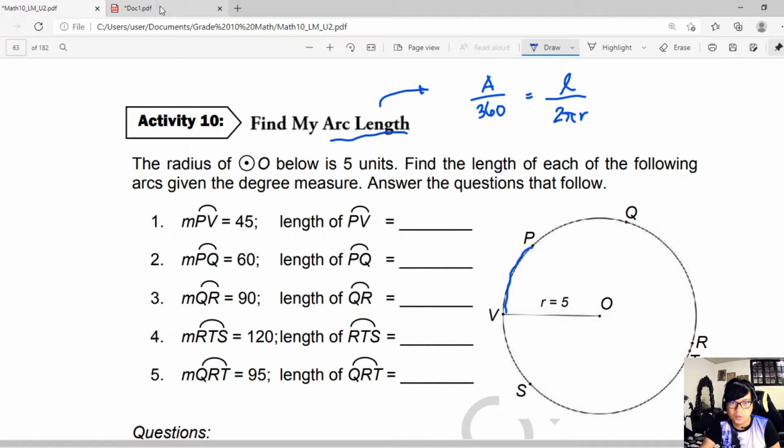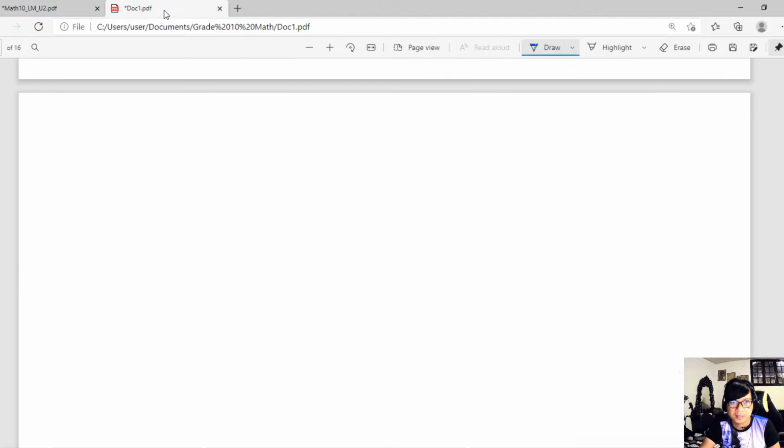So let's go to the blank sheet. The measure of arc PV is 45. Then the radius is 5.